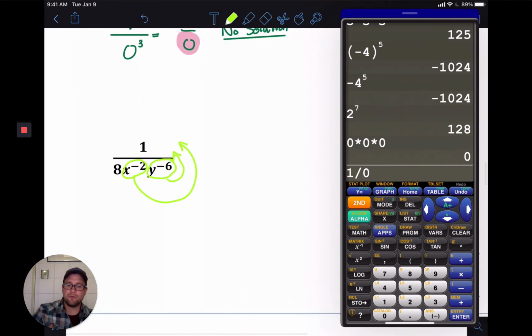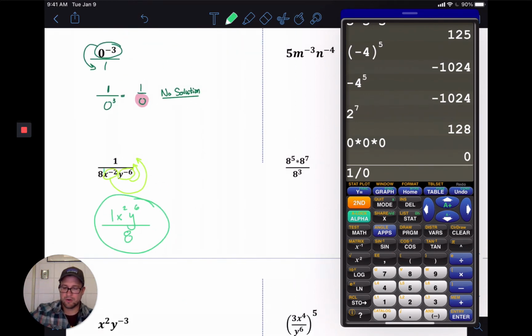So if I move those two pieces, then we'll be left with 1, x to the 2nd up top, and y to the 6th up top. Notice when those moved to the top, they became positive. And then on the bottom of my fraction here, I'm still going to have an 8. Remember, the 8 did not move because the 8 was really raised to the 1st power, and that's positive, so we don't need to move that. We only move the parts that have the negatives.